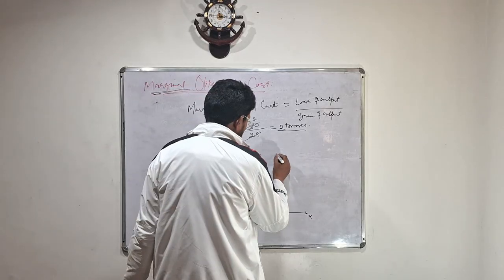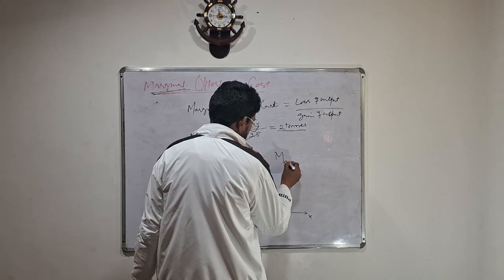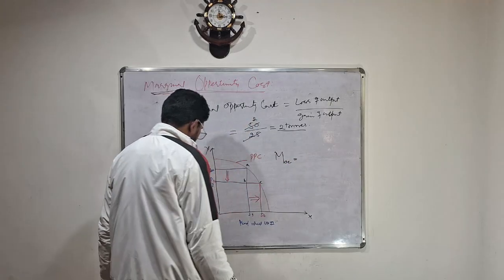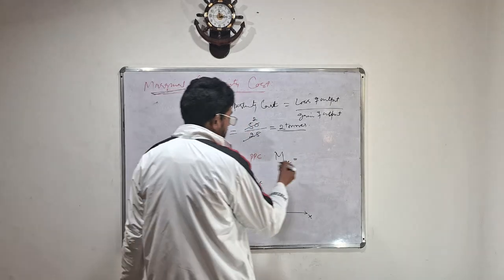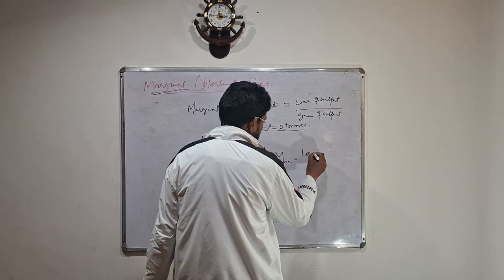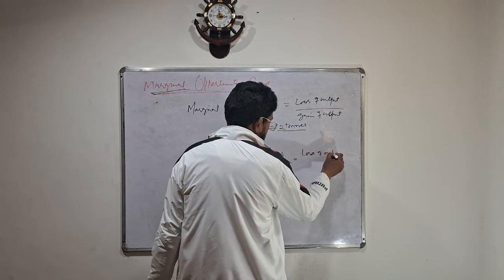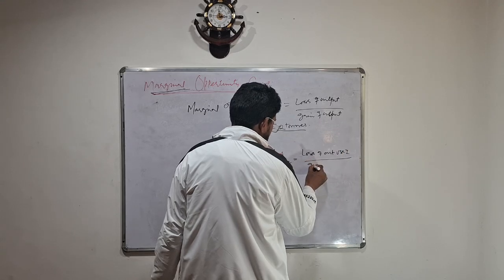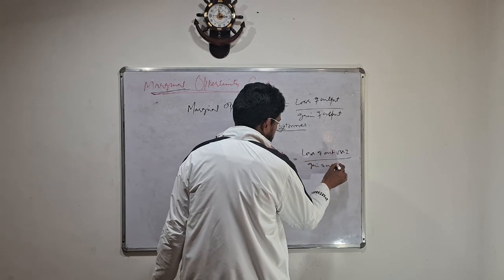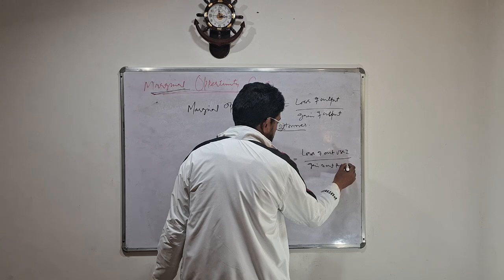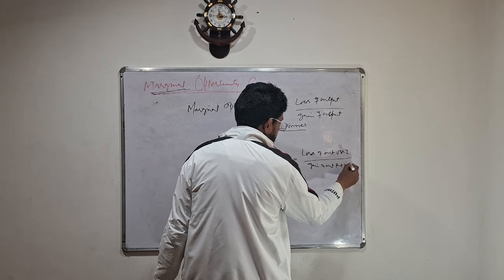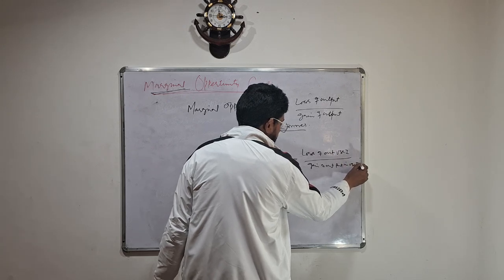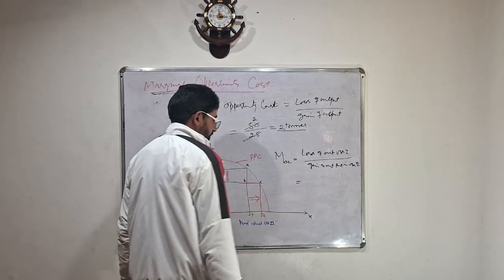If we calculate marginal opportunity cost, then as we know, this is equal to the loss of output in use first divided by the gain of output in use second. We have already understood this definition.